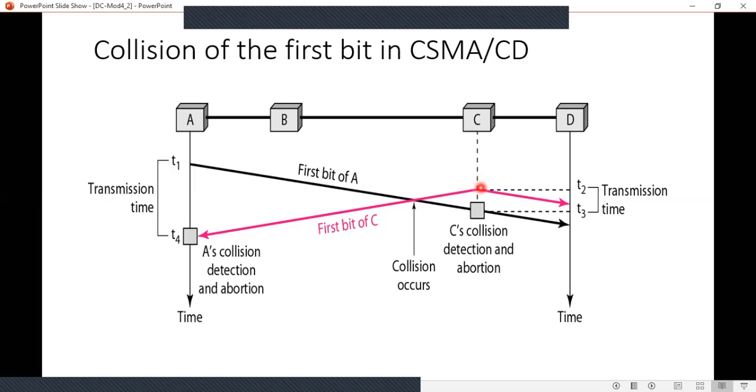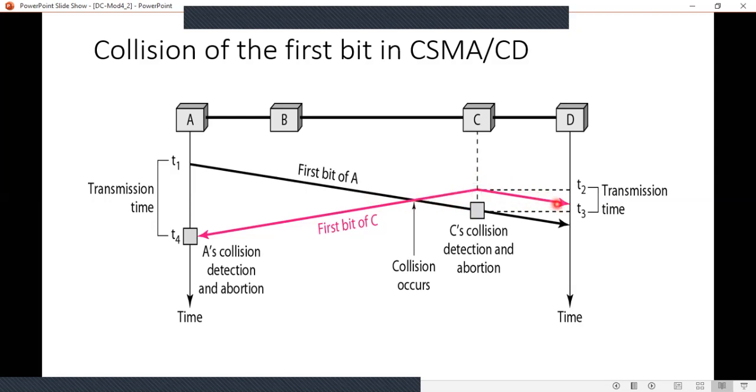It will see that the channel is idle because the carrier has not reached C yet. That's why it thinks the channel is idle, and it will start sending the bits of its frame. See this pink line, this shows the bits. It is propagating the bits of a frame both to the right as well as left.